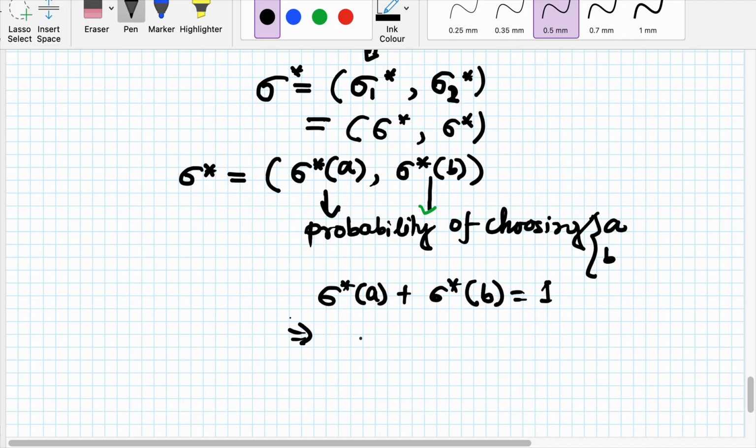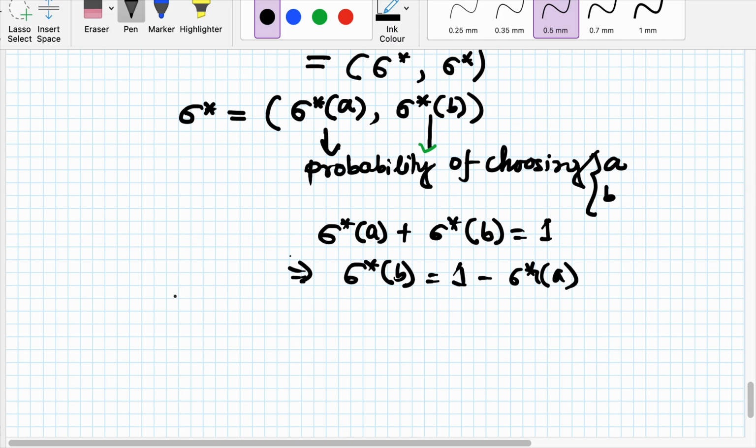That means sigma star B can be represented by 1 minus sigma star A. For simplicity, let us represent sigma star A by a number alpha star.